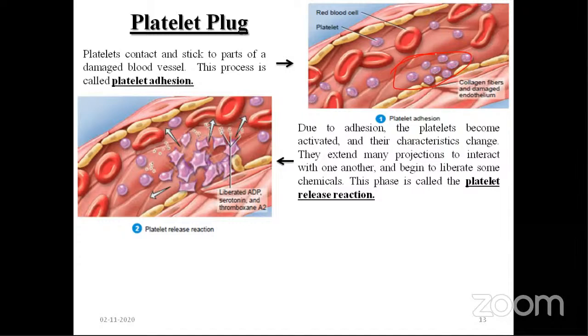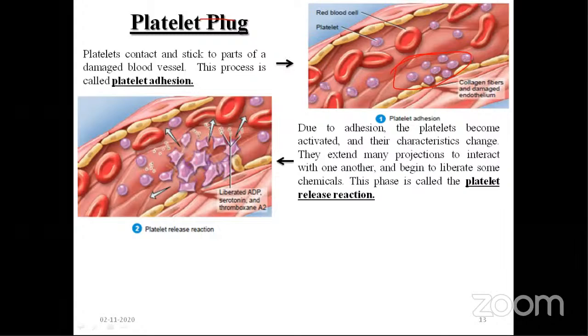The platelets start interacting with each other. They become very sticky, and they initiate a step called the release reaction, whereby different chemicals like ADP, serotonin, and thromboxane A2 are all liberated from the damaged blood vessels.